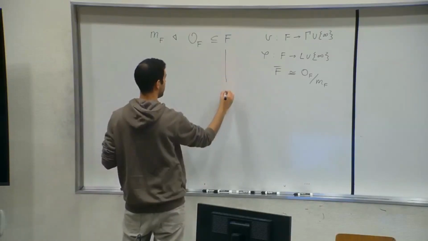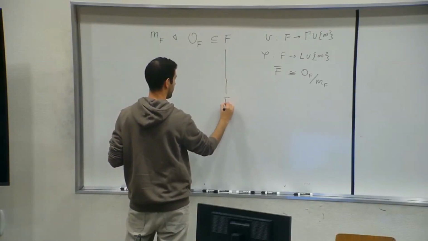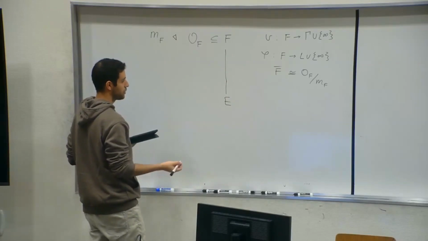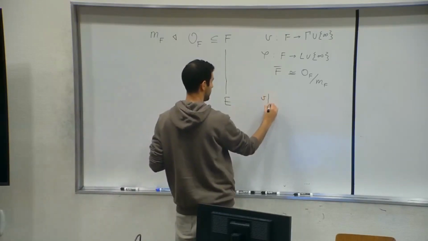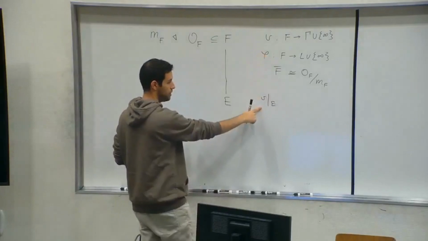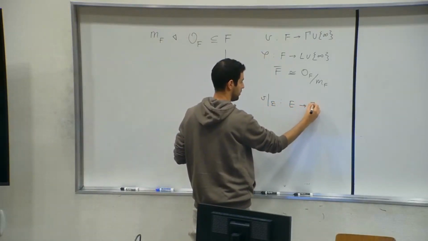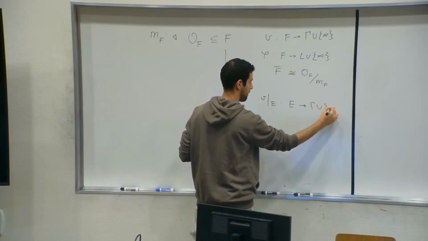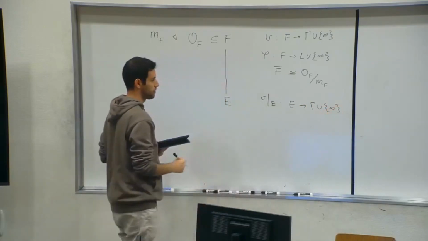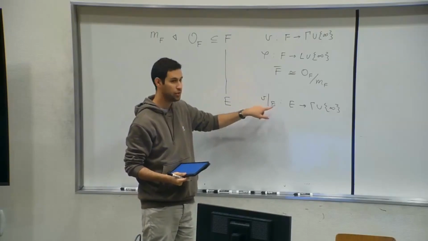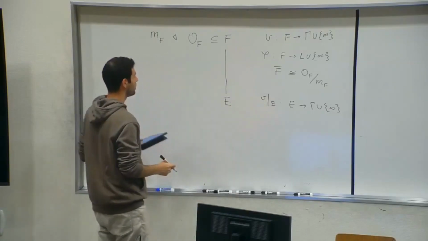And now we consider some subfield E. So what can we do? We can restrict this V to E and get a valuation from E to Gamma. You checked in the lecture that the restriction is also a valuation.